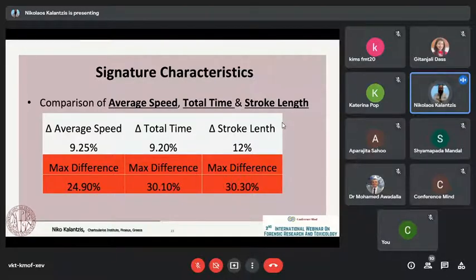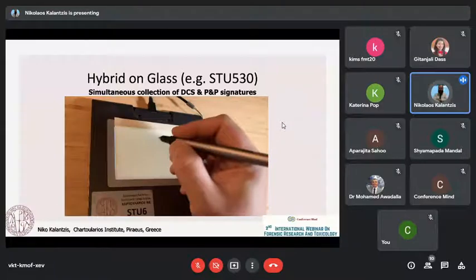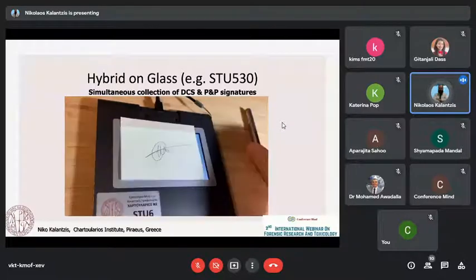So the next logical question is which one of the two styli is closer to the natural writing behavior with the pen and paper liquid ink instrument. In order to examine that, we have started collecting hybrid samples as well.